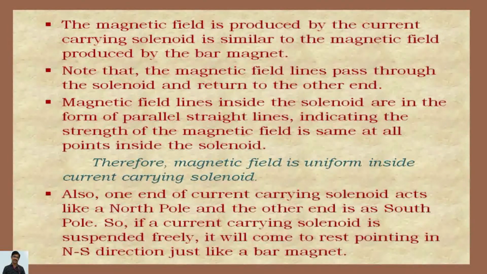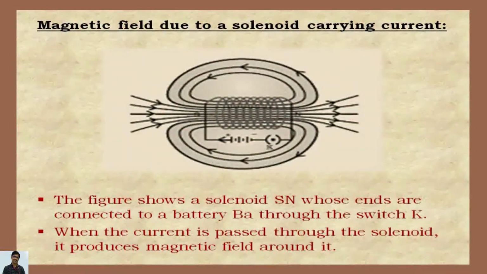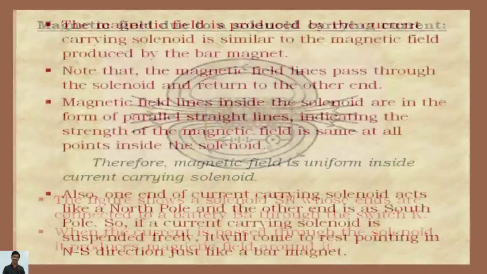Note that the magnetic field lines pass through a solenoid and return to the other end, just like in a bar magnet, where the field lines come from north to south externally, and south to north internally. So a similar property is possessed here also.